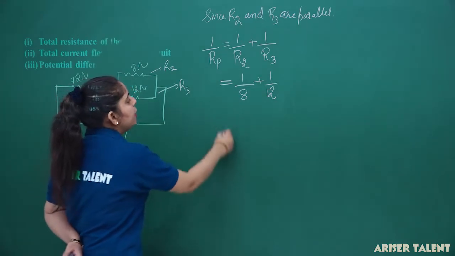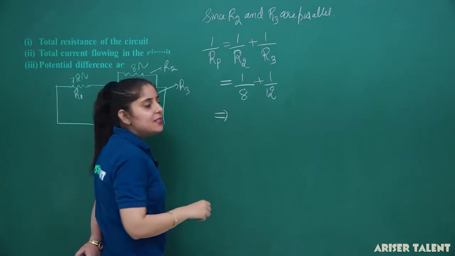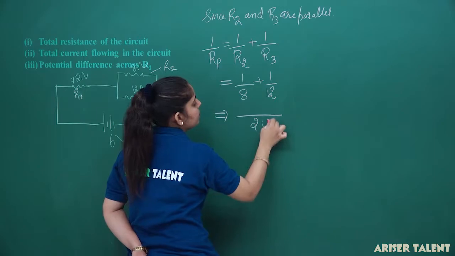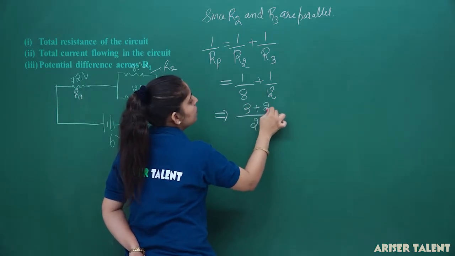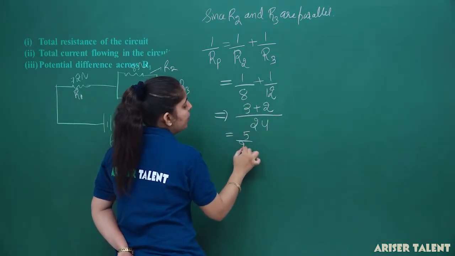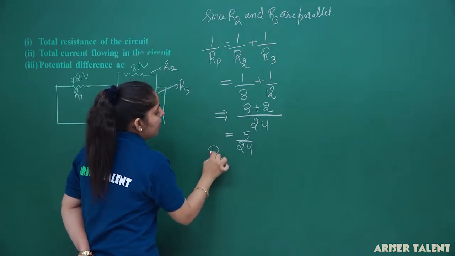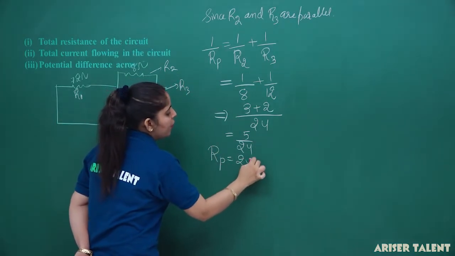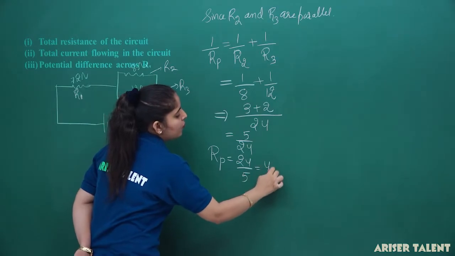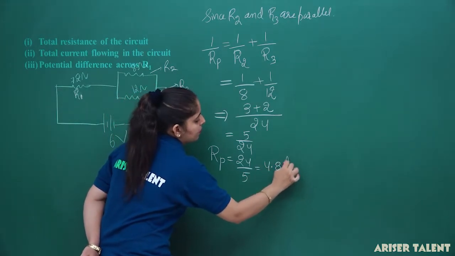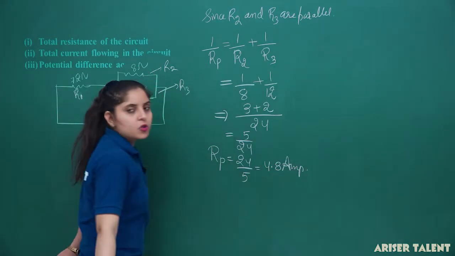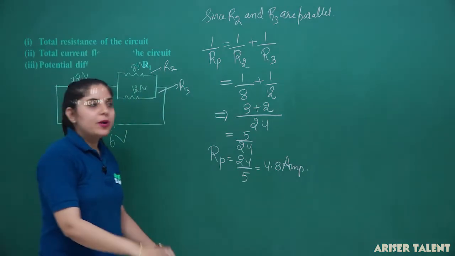Now, 8 and 12 will have an LCM that is equal to 24. It is 3 plus 2. It will be 5 upon 24 here. Now, Rp will be equal to 24 upon 5, and it came out to be 4.8 ohm. So, the value of Rp is 4.8 ohm.